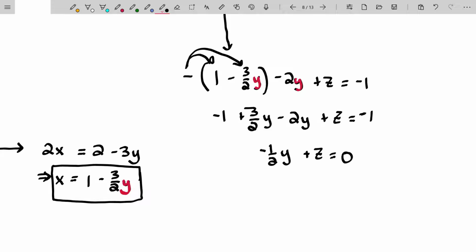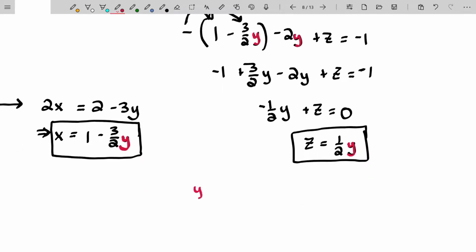And again, I'm going to solve this for z, so I'm going to add 1/2 y to both sides. So now I have x and z written in terms of y. Y is allowed to be whatever I want it to be, because y is just equal to y.